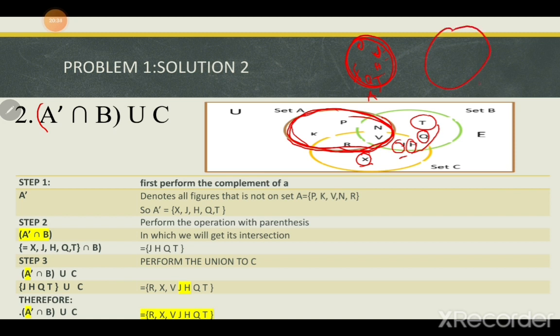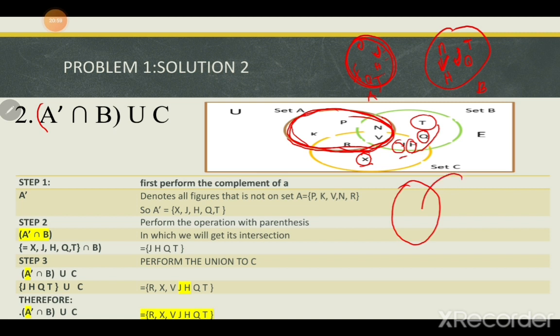What are your set B? Your set B are simply N, V, J, H, Q, and T. Right? If you get the intersection of your A prime and B, mapapansin mo that magiging ganito yan.